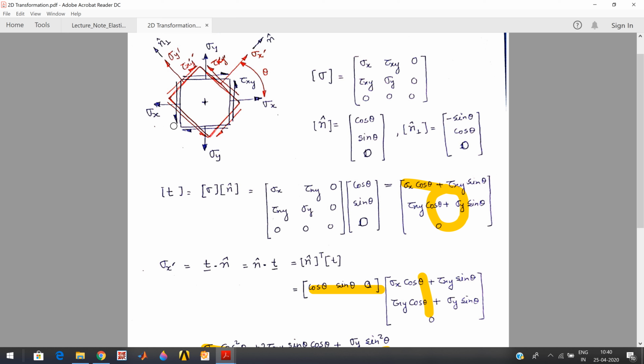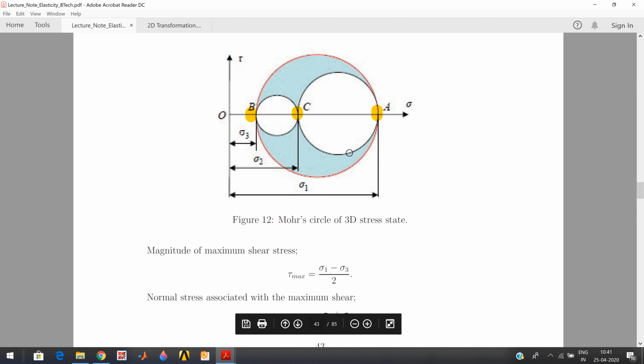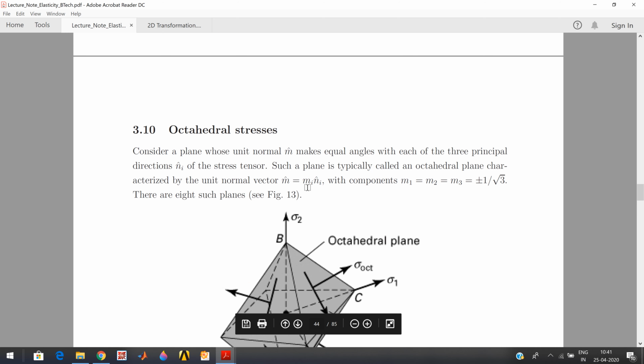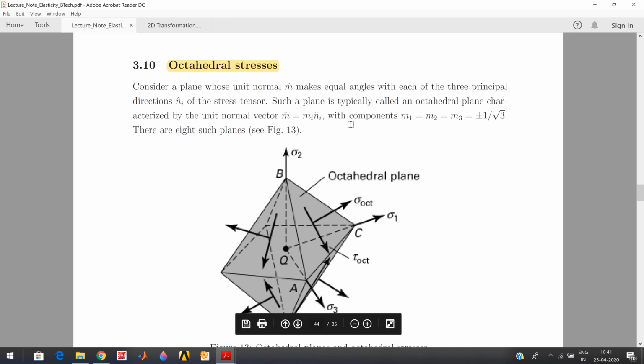All right, so having said that, let me again go back to the original PDF. Here we'll now discuss what the octahedral stresses are. Octahedral stresses are nothing but some stress components obtained in octahedral planes.